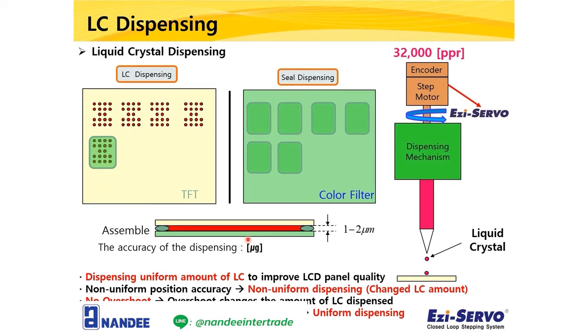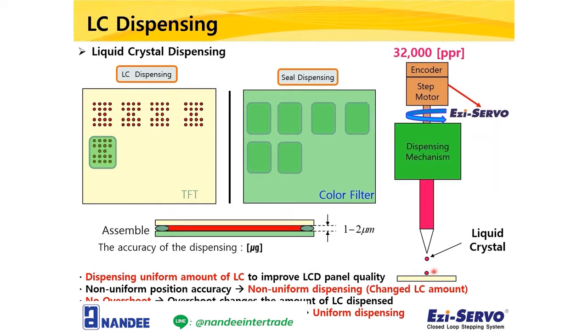For this liquid crystal volume to be constant, this drop must be constant. In other words, it is a very important process that determines the quality of the color of the LCD panel, depending on how precisely and uniformly this liquid crystal is dispensed.